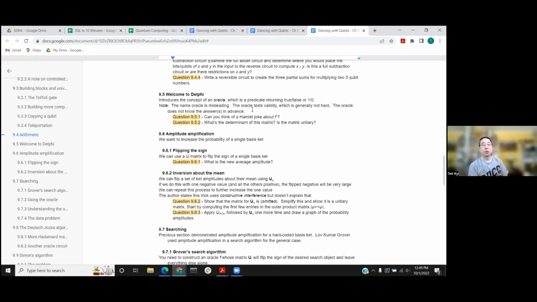Okay, so the oracle tests validity, which is generally not that hard. The oracle does not know the answers in advance. The example that I saw was traveling salesman. Traveling salesman is known to be an exponential problem: what is the least cost route between n cities that ends you back where you started?